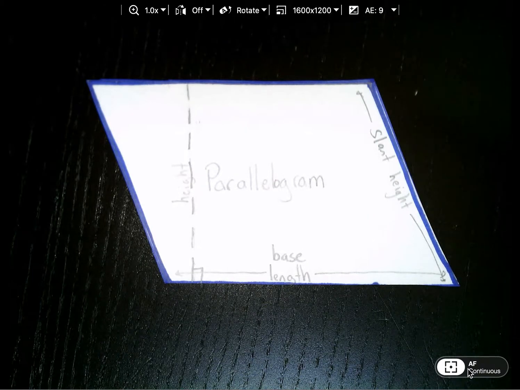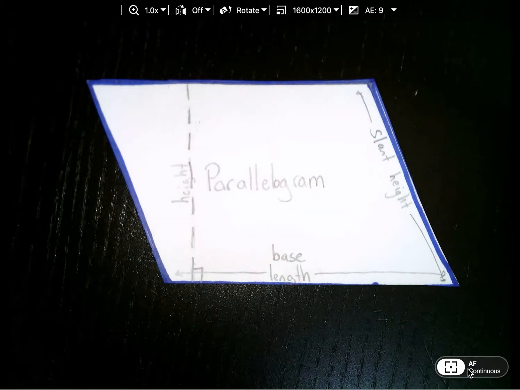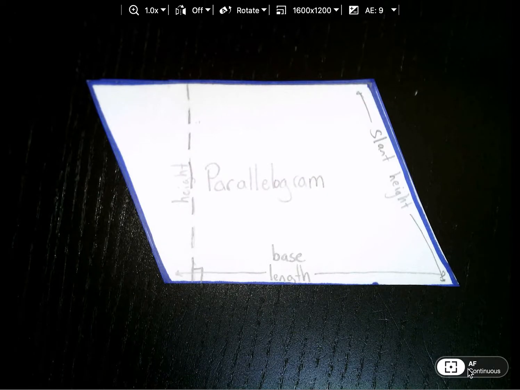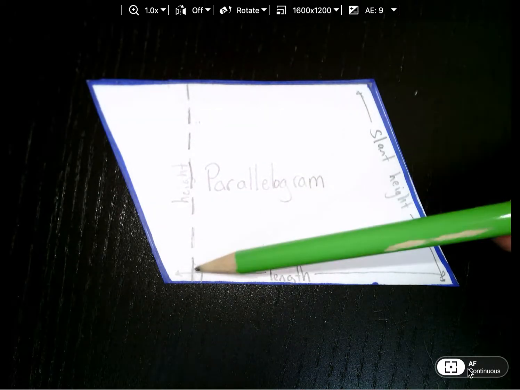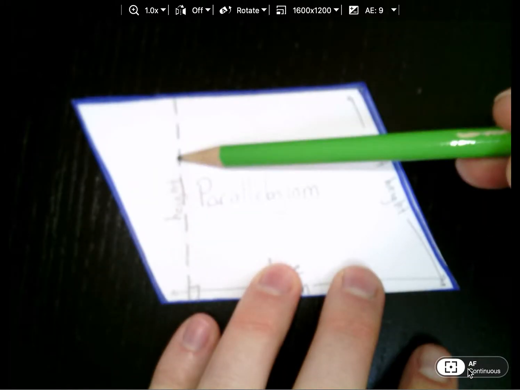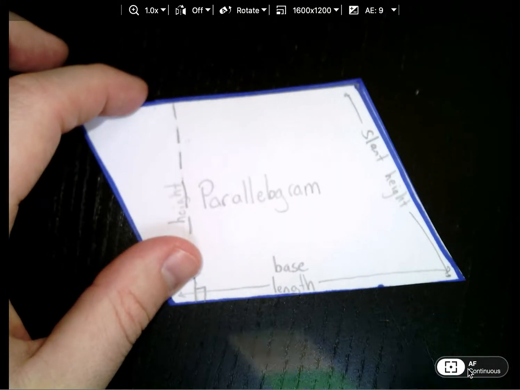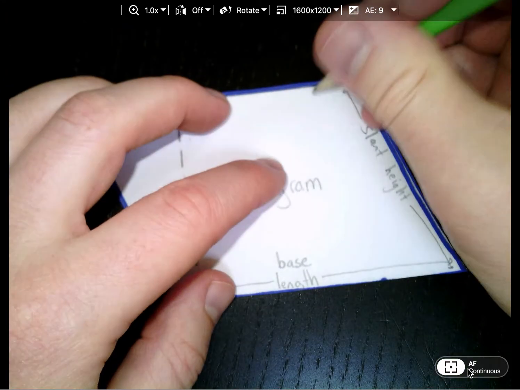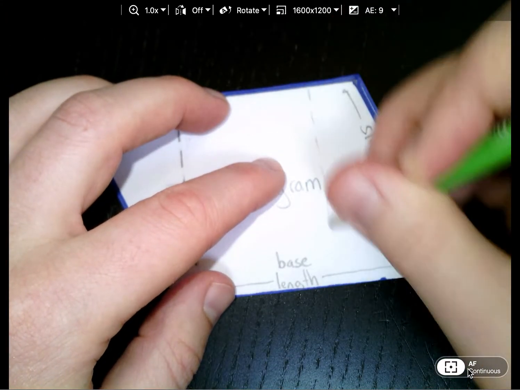So you will often see a lot of perpendicular symbols in our problems on Khan Academy and the SAT and the ACT and in our book. You want to look for that perpendicular symbol, and the height goes through the shape. The base is alongside the bottom of the shape. The height can be anywhere inside of the parallelogram.